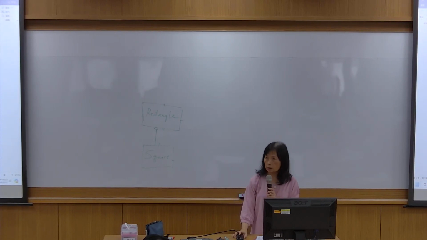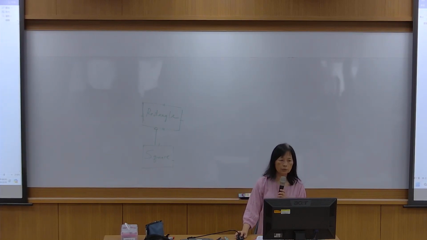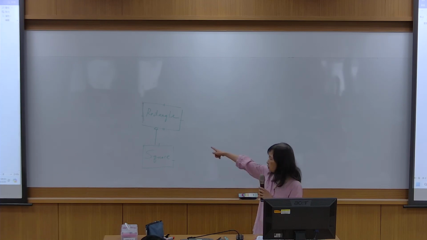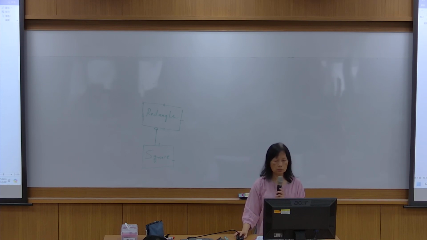So we have rectangle, and we define width and height, so we can set and get area. Know something and do something. We can get area: width times height. Since square extends rectangle, of course we have everything.